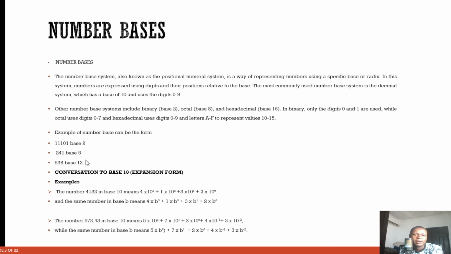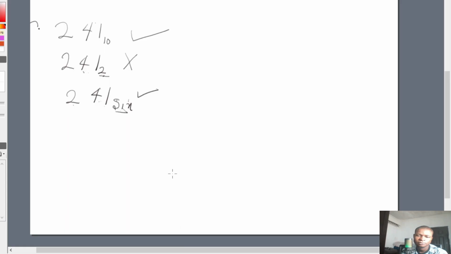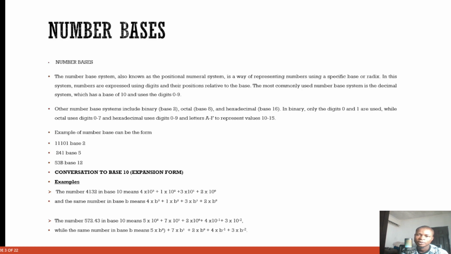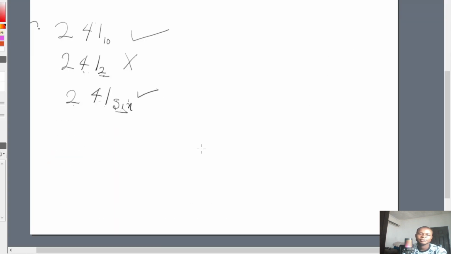Before I go, any number that exists in terms of numerals has what we call a natural base, which is base 10. So obviously, if I'm writing something like this, let's take for example 24.